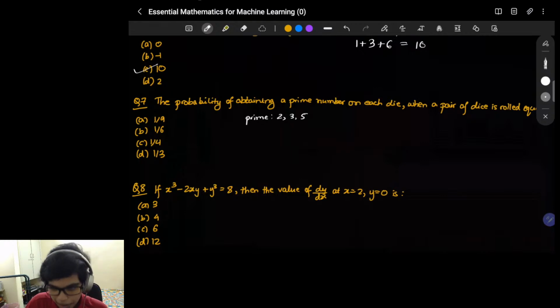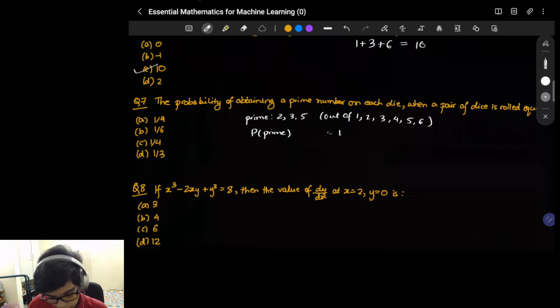So prime numbers in a die are 2, 3 and 5 out of 1, 2, 3, 4, 5 and 6. So there are 6 numbers out of which 3 are prime. So probability of getting a prime on a single die is 3 divided by 6, which is half.